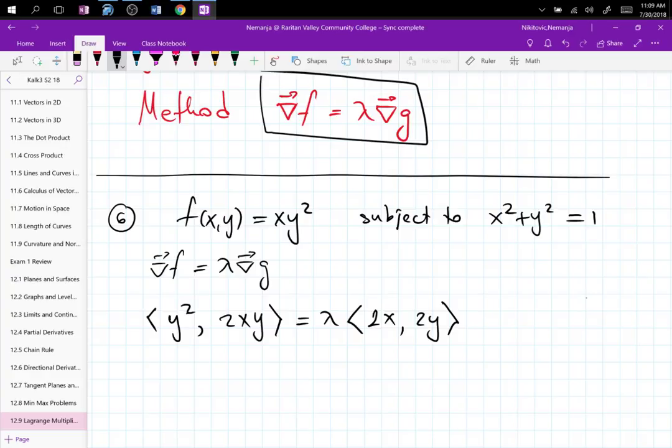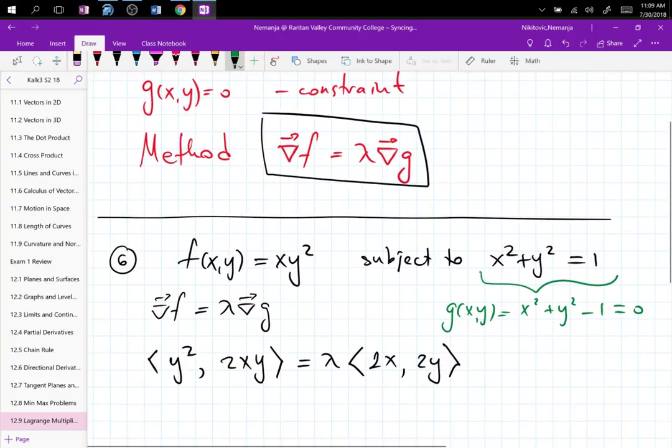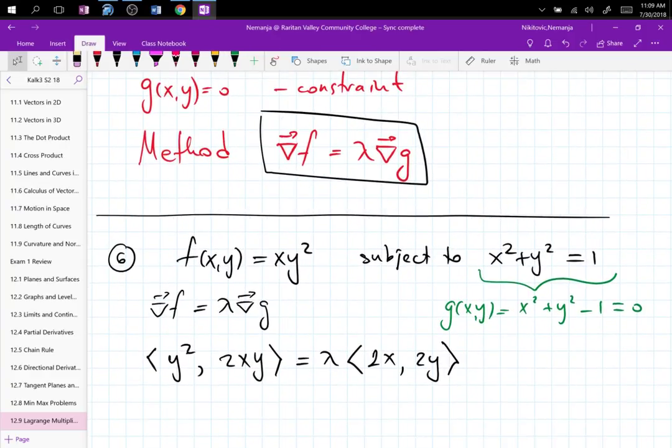Now, in this first introductory example, I am going to rewrite this as g of x, y equals x squared plus y squared minus 1 equals 0, to put it in the form which was given up there in the definition.